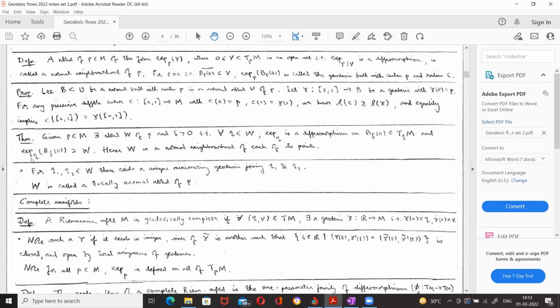And the image of this ball, B delta 0, under the exponential based at Q contains W. So therefore, W is a normal neighborhood of Q as well for all Q in W. Hence, W is a normal neighborhood of each of its points. Okay, so let's prove this.